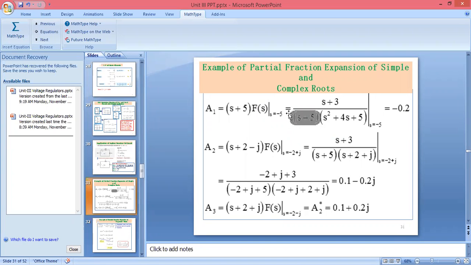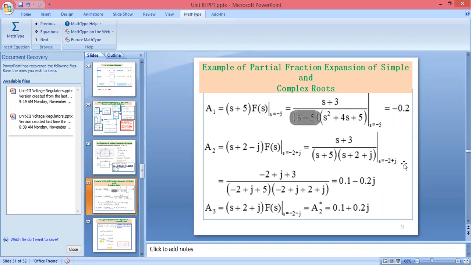If you are converting that value into the complex form, take one example: s plus 2 minus j. Here, take s equal to minus 2 plus j; the sign is taken opposite. Here it is plus 5, so you take s equal to minus 5. Here it is s plus 2 minus j, so you can take s equal to minus 2 plus j. If you put this value, you will get this equation.